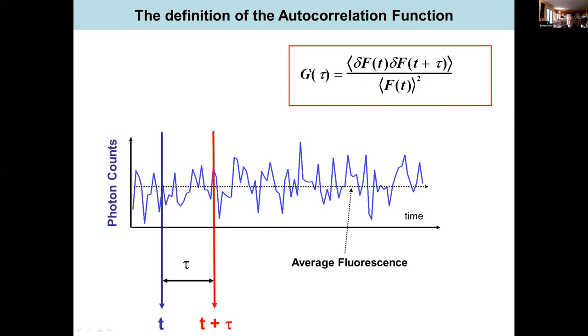There was a time in the history of this field in which people used different approximations for the fluctuation and then figured out how to calculate the correlation function. So that is delta F, which is the change between the fluctuation at a given time minus the average fluctuation.